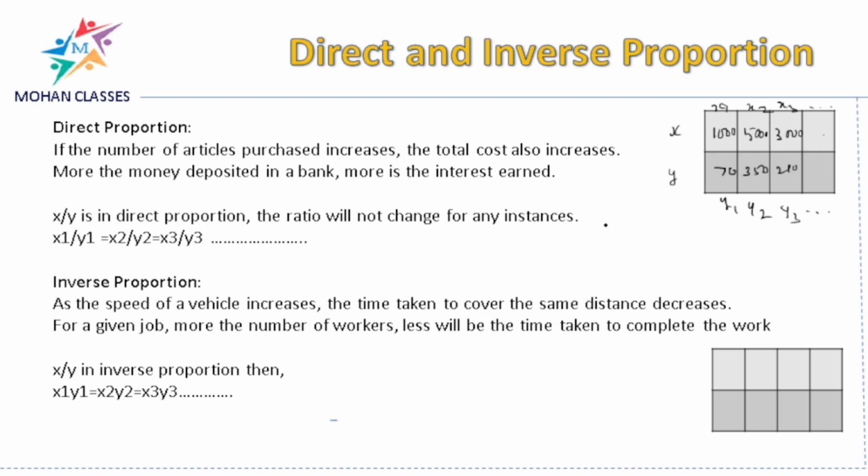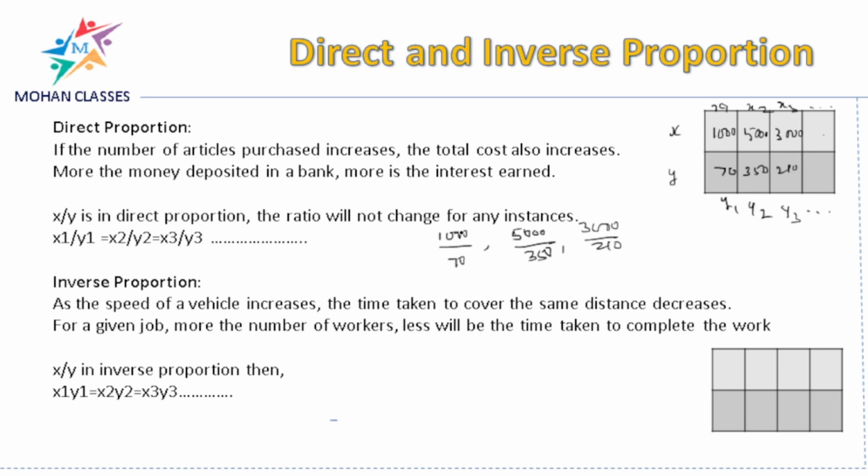You can see 1000 divided by 70, and 5000 divided by 350, 3000 divided by 210. What will you get?